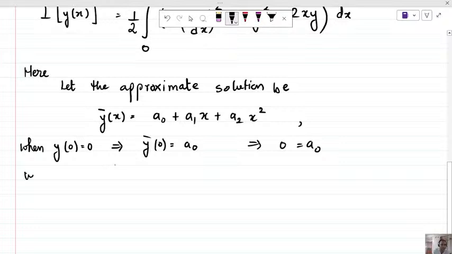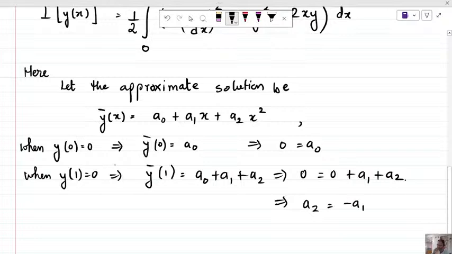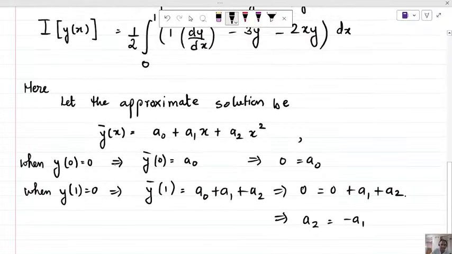The next condition given to us is that y of 1 is 0, meaning y bar of 1 is 0. So when I put y bar of 1 over here, it is a naught plus a1 plus a2. Now a naught is already 0, so this is 0 plus 0 plus a1 plus a2. This means that a2 is equal to minus a1.